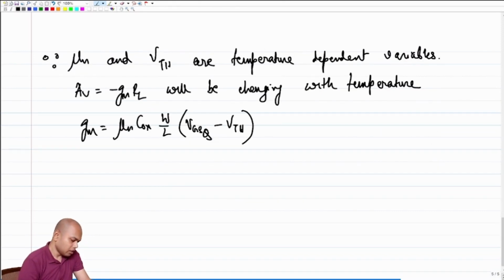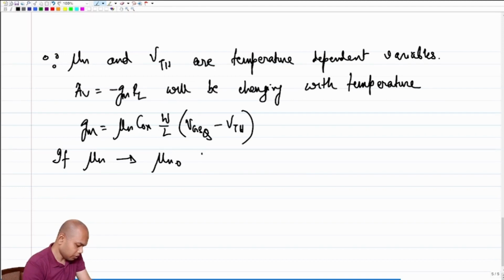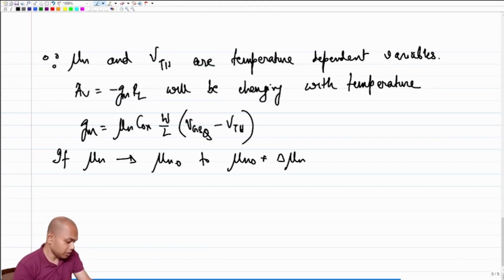Let's quantify the change of Gm with respect to change in mobility and threshold voltage. So if mobility mu n changes from mu n 0 to mu n 0 plus delta mu n, how much will Gm change?